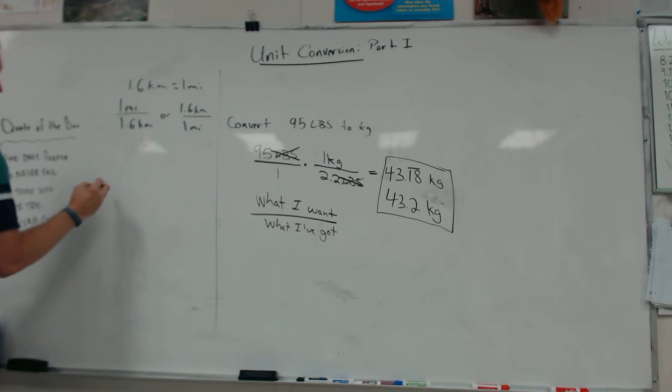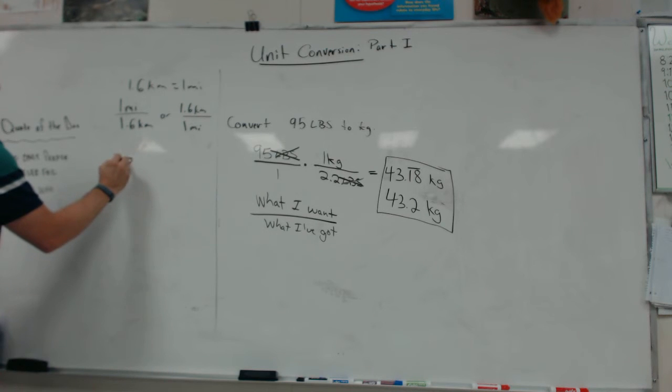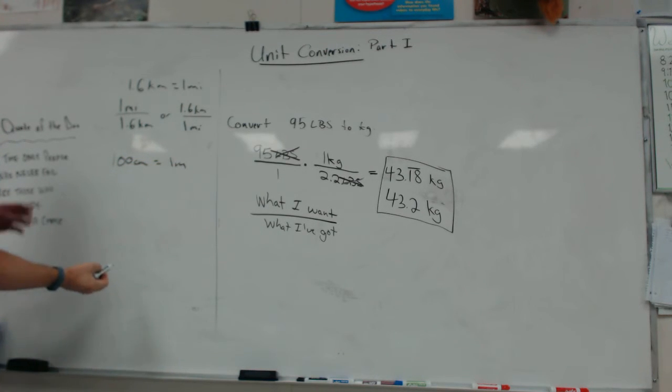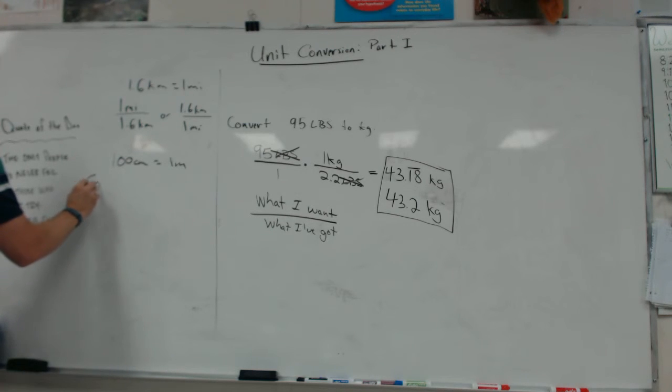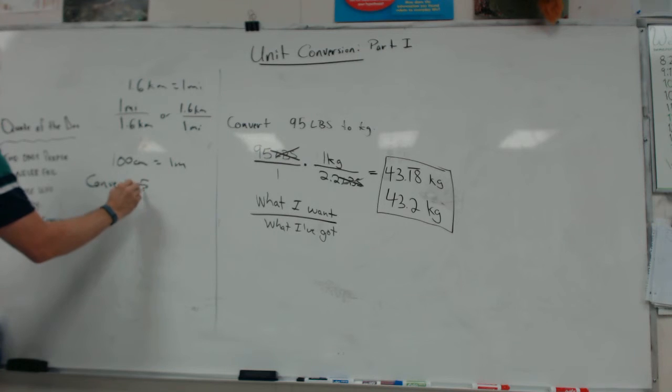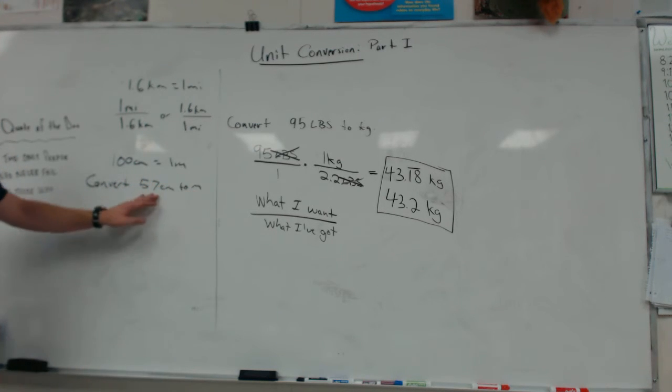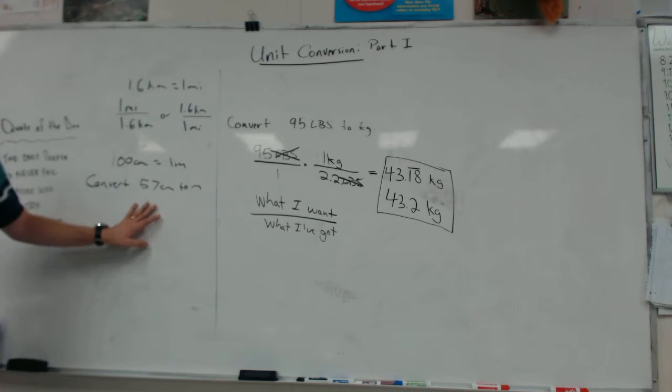So, let's say someone said 100 centimeters equals 1 meter. And they asked us to convert 57 centimeters to meters. We're not going to do this, but what would be the unit multiplier that I need to do this?